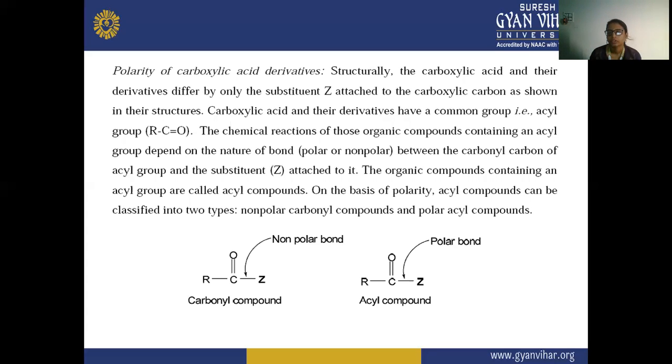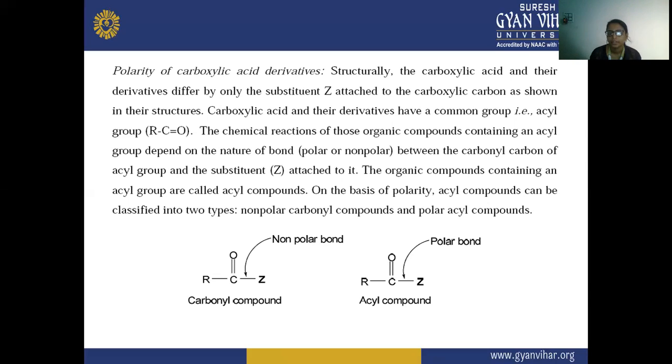The chemical reaction of organic compounds containing an acyl group depends on the nature of the bond, polar or non-polar, between the carbonyl carbon of the acyl group and the substituent attached to it. Organic compounds containing an acyl group are called acyl compounds, and on the basis of polarity, acyl compounds can be classified into two types, the non-polar carbonyl compound and the polar acyl compound.